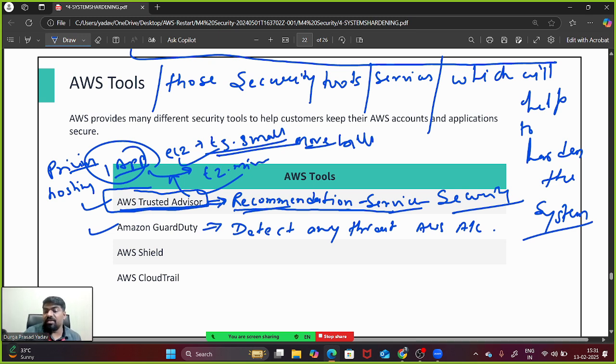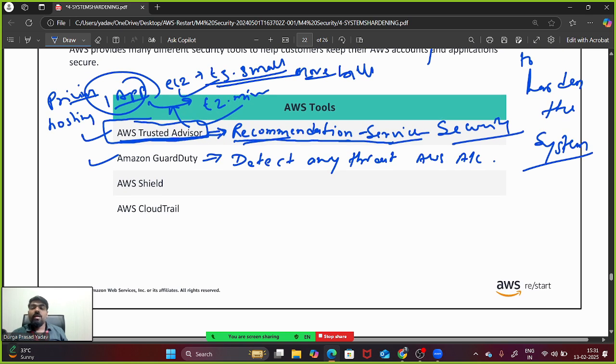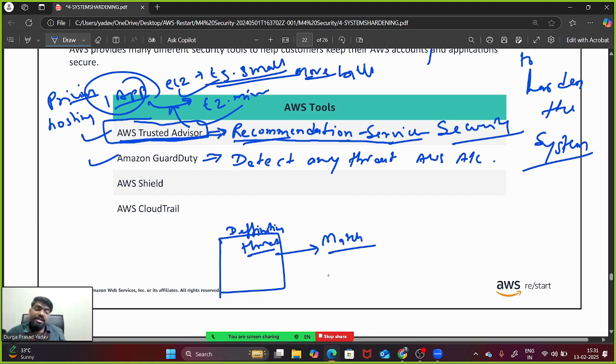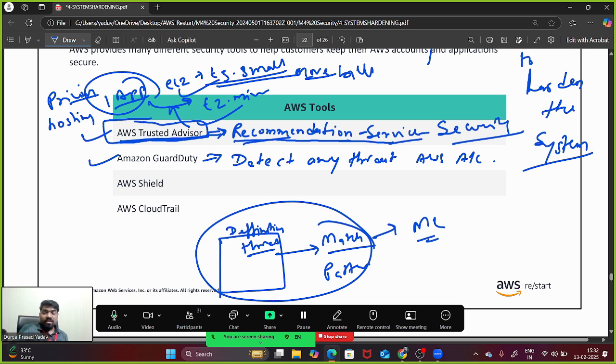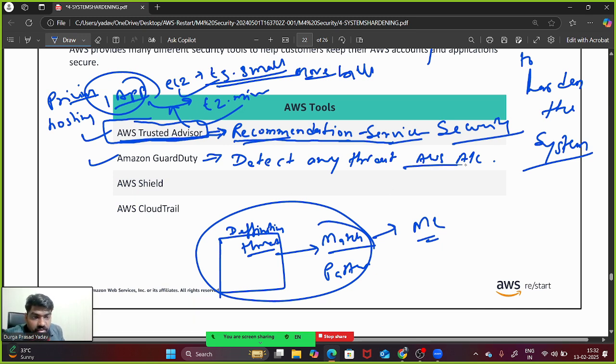It first has definitions of threats, and it tries to match and check against them, and it also tries to read the pattern. Basically it is upgraded, guys. It also uses some machine learning technique to identify threats in the AWS account. So GuardDuty is another solution we can use to detect threats under an AWS account.